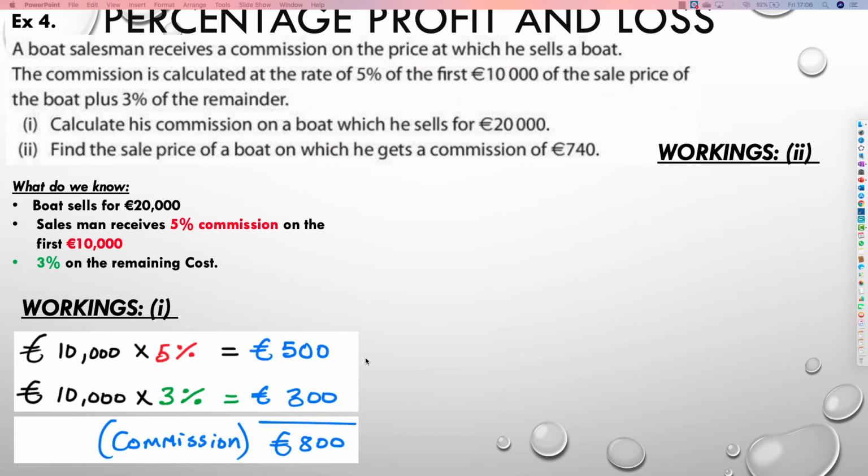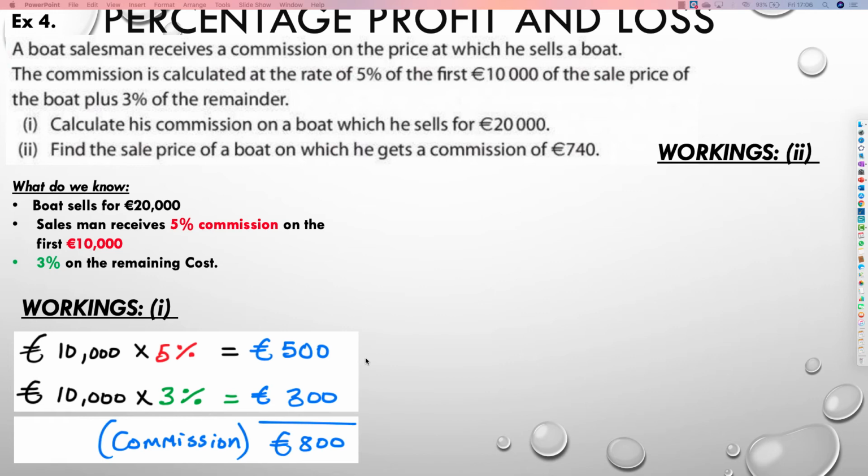Right, now, what am I going to do to figure out where he makes the rest of the 240 euro? What does that 240 euro represent? 3% of how much is it? The cost, because 3% of 10,000 was the extra 300, wasn't it?